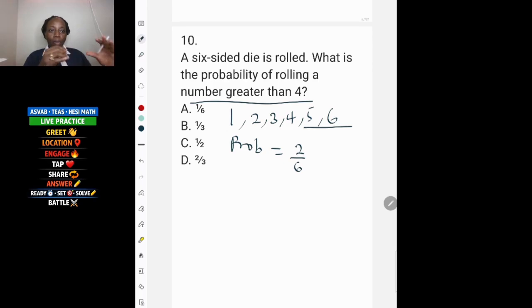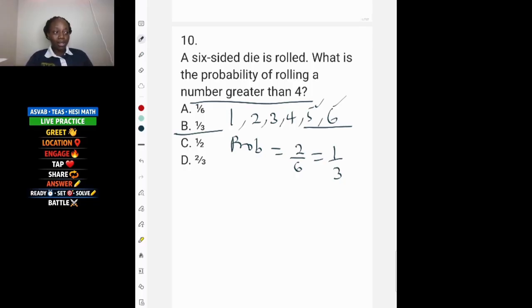The total number is 6, the ones we are considering are 2, so that will be 1/3, and the answer is B. Don't forget to simplify to the last part. They can even put 2/6, but if 1/3 is there, better to pick 1/3.